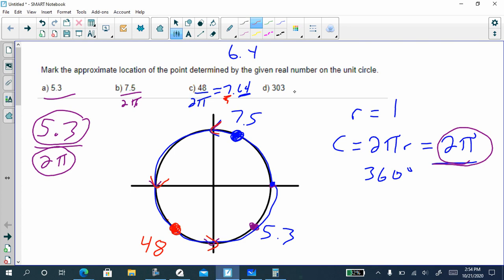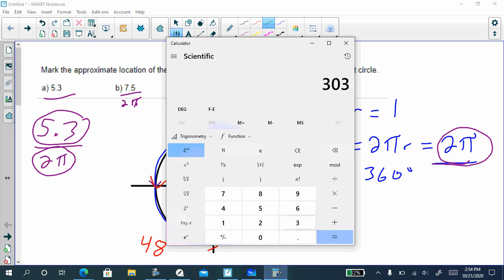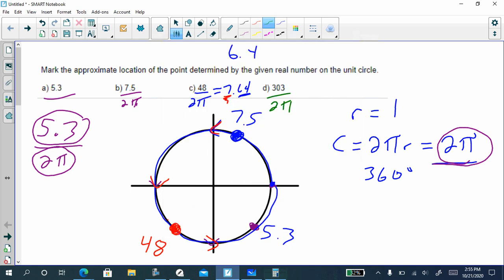303, if we travel a distance of 303 around the edge, then we go all the way around 48 times. It's about 48.22, meaning that if we go that distance on the edge of the circle, we go all the way around 48 times, and then we go that much of the next rotation.